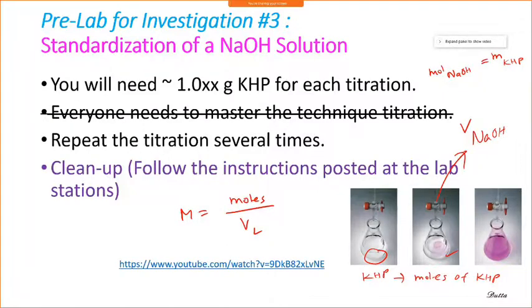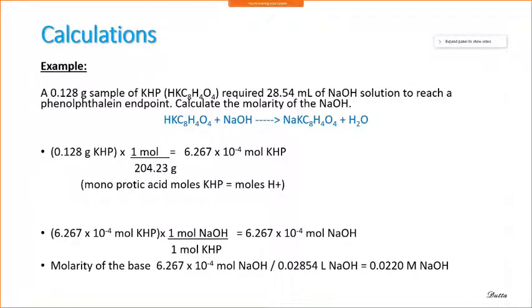You are not going to do the experiment, but you will be provided the data. So again, how do you calculate? As I said, the equation is very important. 1-to-1 means moles of NaOH must equal moles of KHP. If these two are the same, then you have the endpoint, which you get from the burette data.